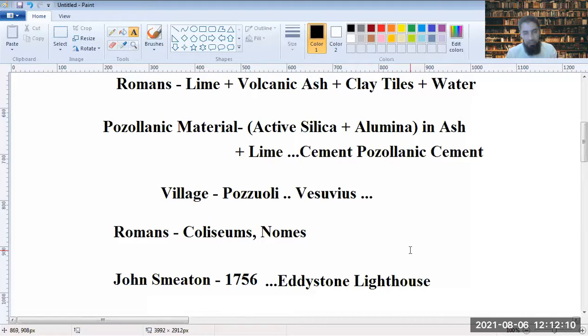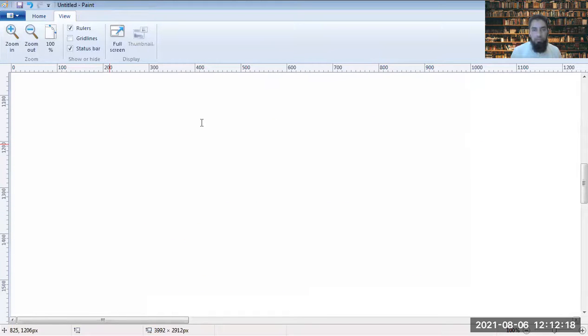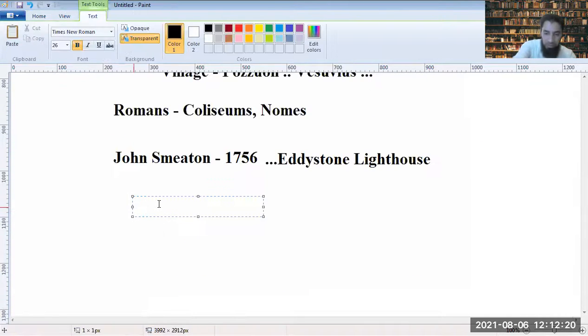That was constructed by a material which had a predominant composition of pozzolanic material, then it had limestone.